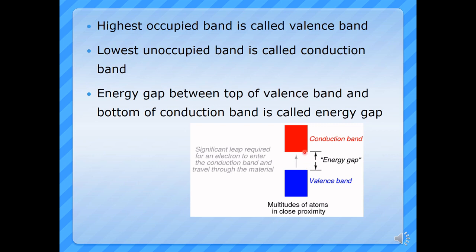And the energy difference between this valence band and conduction band is what we call the energy gap. It is also called the forbidden zone. So the forbidden zone or energy gap is the energy gap between the top of the valence band and the bottom of the conduction band. And this energy gap determines whether a material is a conductor, an insulator, or a semiconductor.